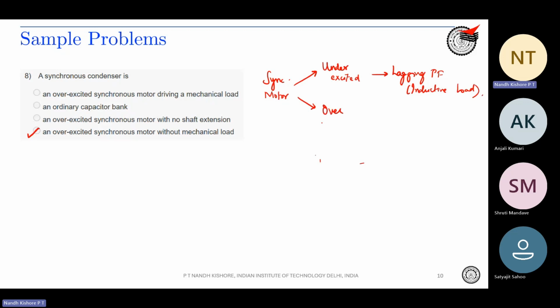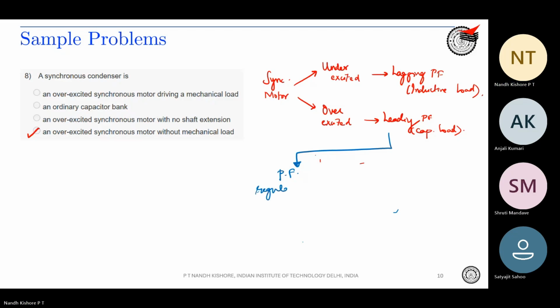If it is overexcited, it is a capacitive load, and because it acts as a capacitor bank, you have power factor regulation, and the other one is voltage regulation.